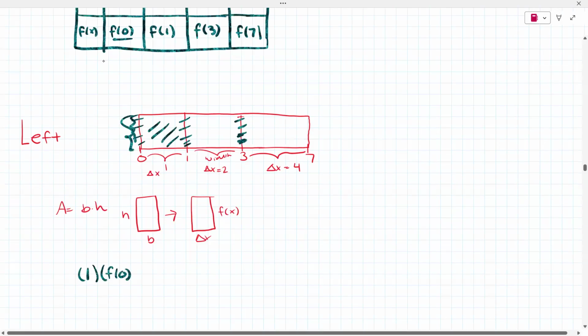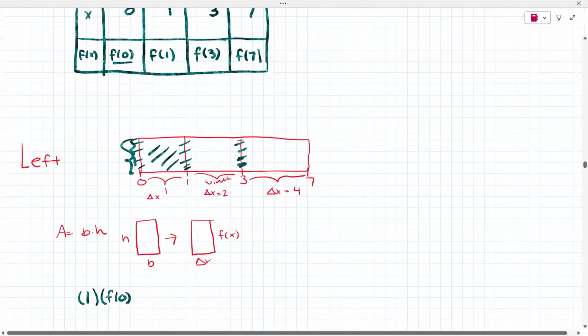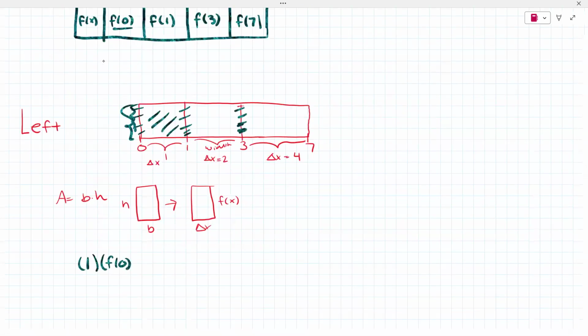Now we have to do this side, this rectangle. So our delta x is 2. And what is my y? We're focusing on this height right here, so that is f of 1.